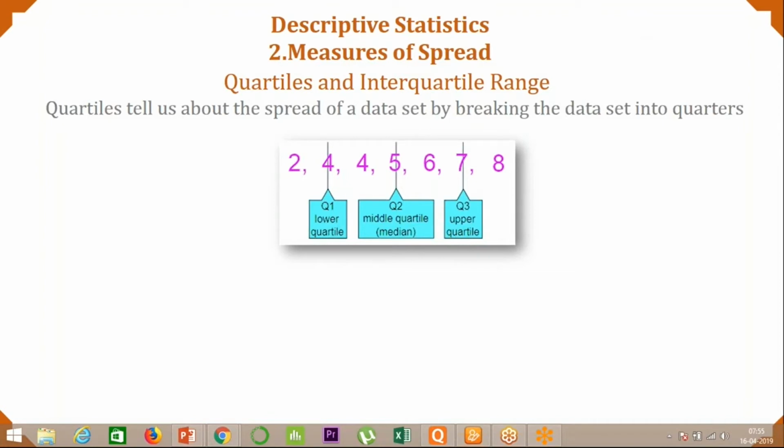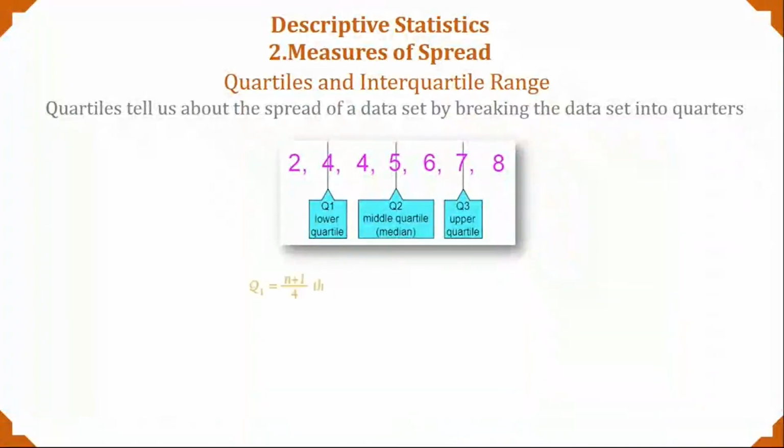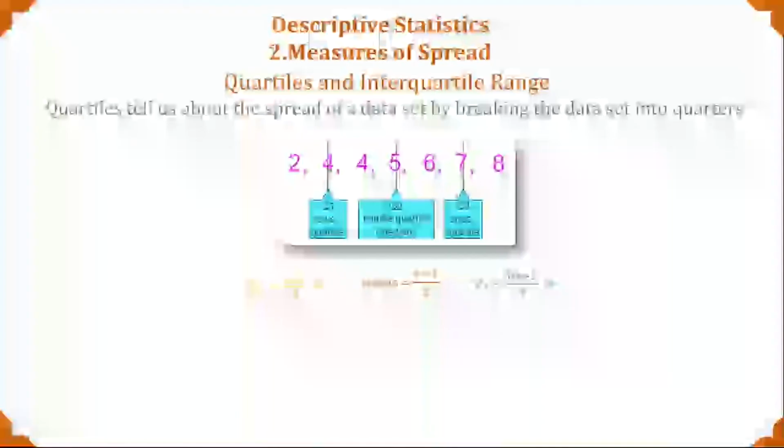If you want to understand what the data actually is, this is how we can define the first, second, and third quartiles. (n+1)/4 will give you the sample first quartile. In the same way, (n+1)/2 is our median value, and 3(n+1)/4 will give you the third quartile.